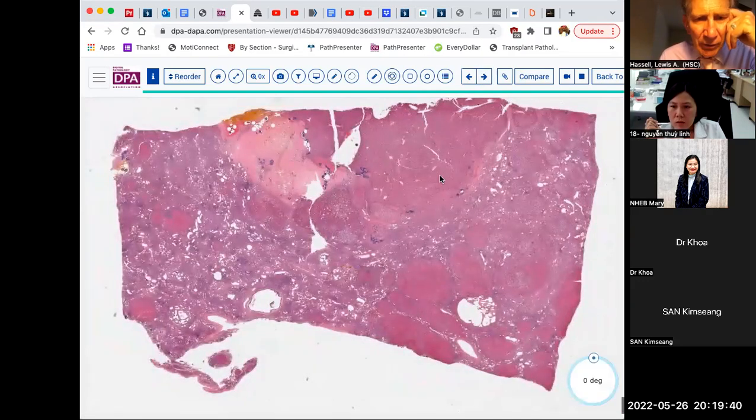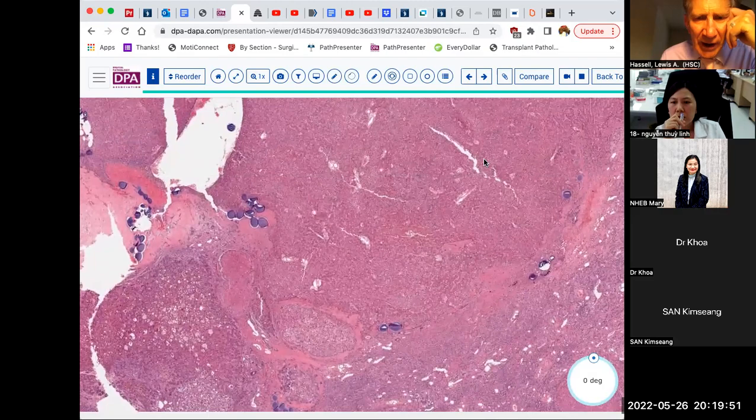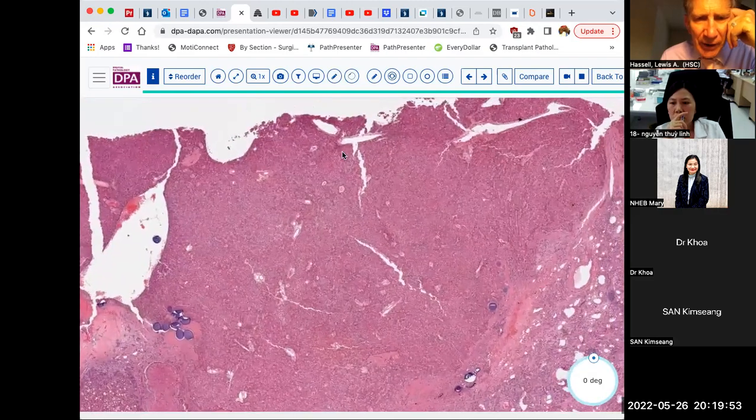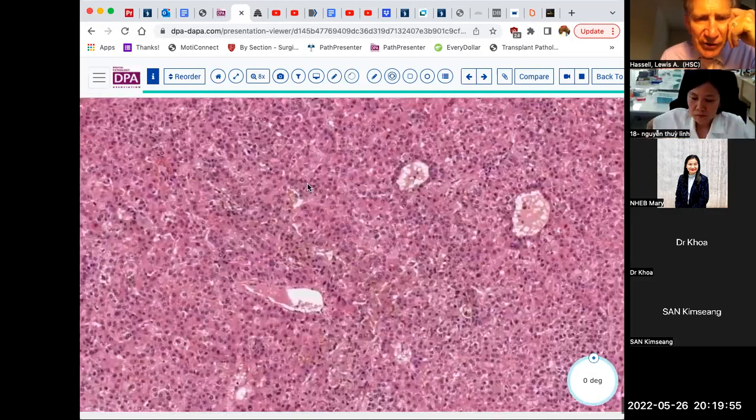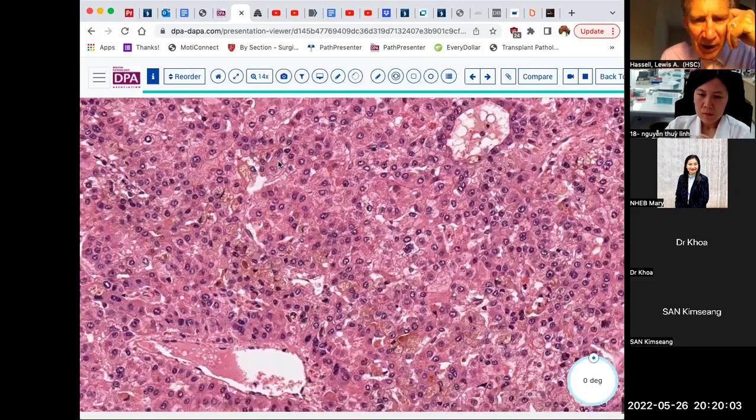And then one more case. This is not a combined case, but I want to show you to illustrate a point here. So we have this nodule up here of tumor cells. This looks like hepatocellular carcinoma. You've got cholestasis, intracytoplasmic bile.